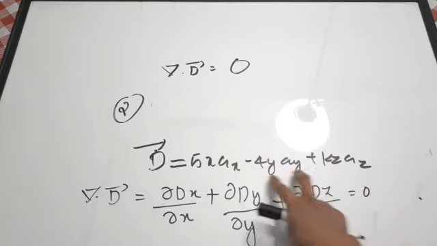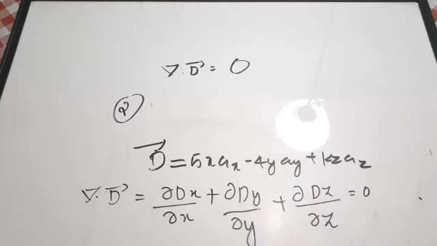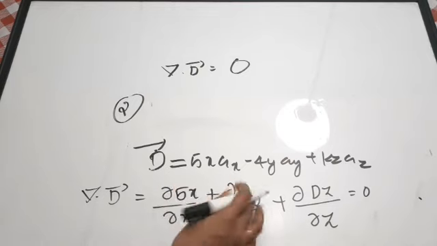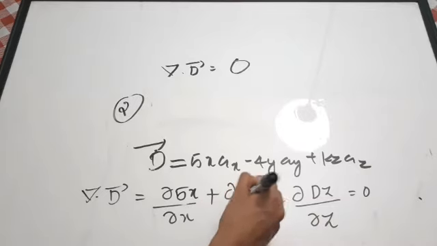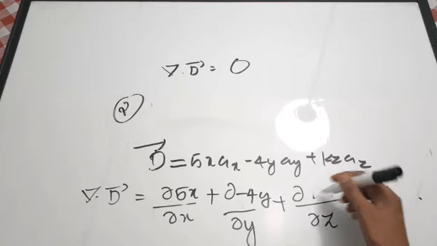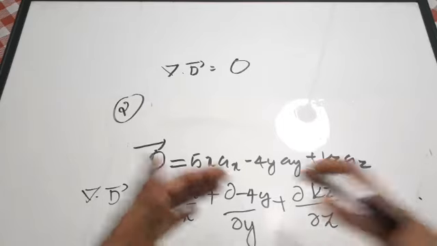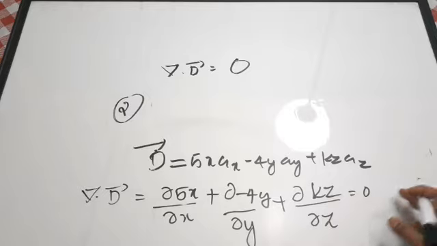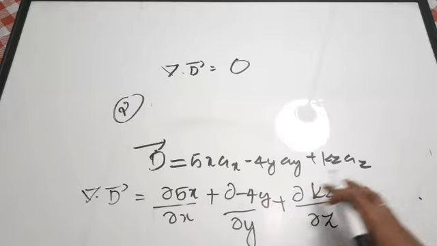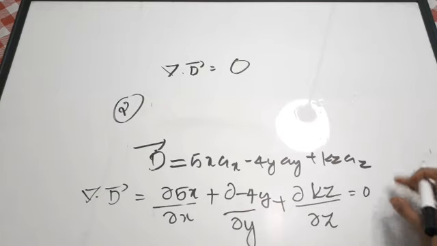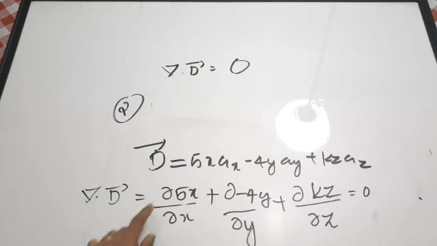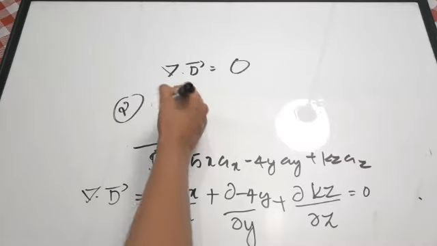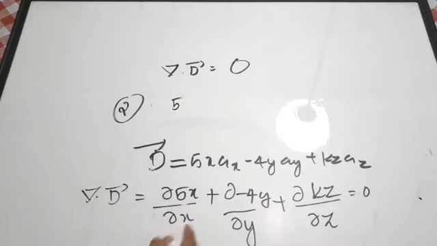Now substitute these coefficients in Dx, Dy and Dz. This is 5x, here it is minus 4y, and here it is kz, right? So those are the coefficients. If I take the dou by dou x, dou y, dou z and equate the resultant to 0, dou 5x by dou x, you will be getting 5.